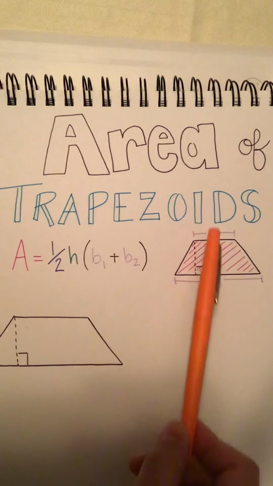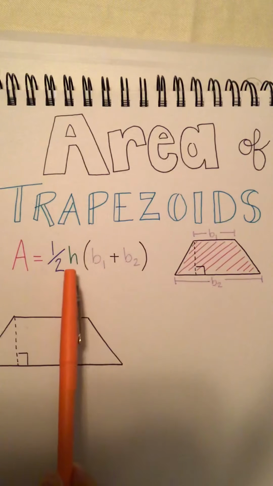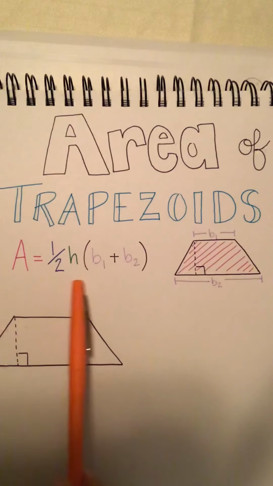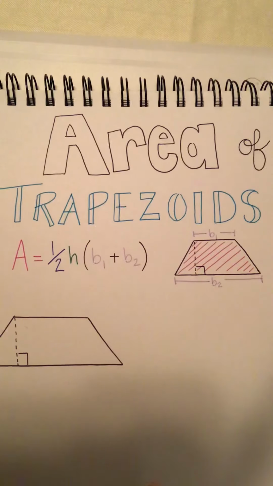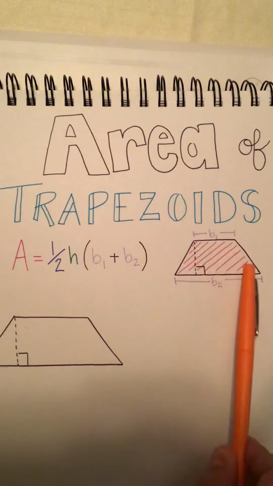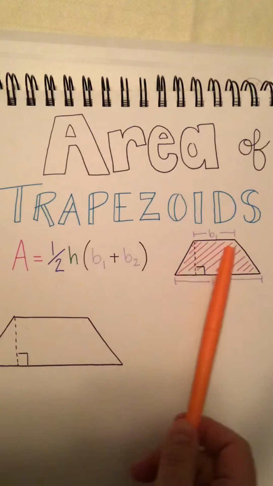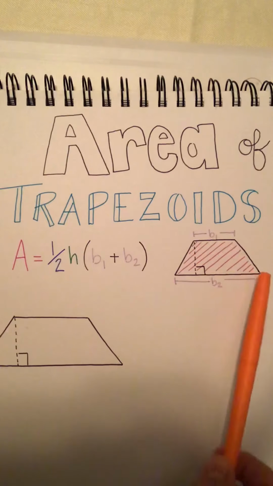I start from top to bottom. This is a base, this is a base, and I still follow the rule of PEMDAS, which is super, super important. I also need to recognize that area is everywhere on the inside, so this beautiful little scribble right here. Area is the inside, okay?